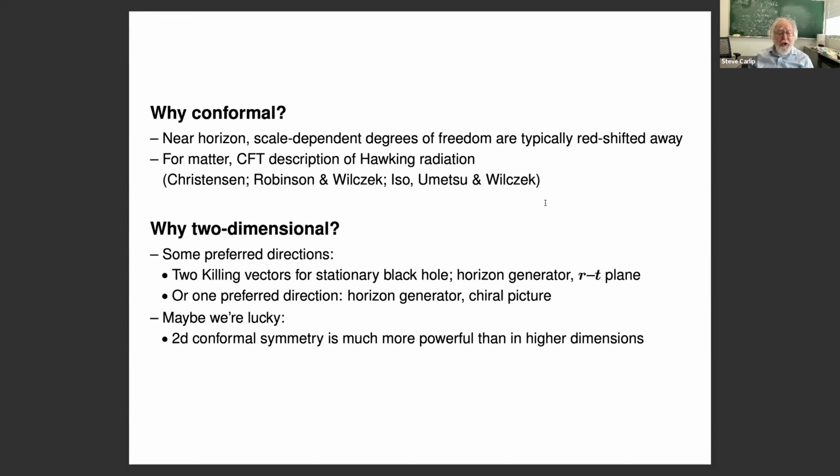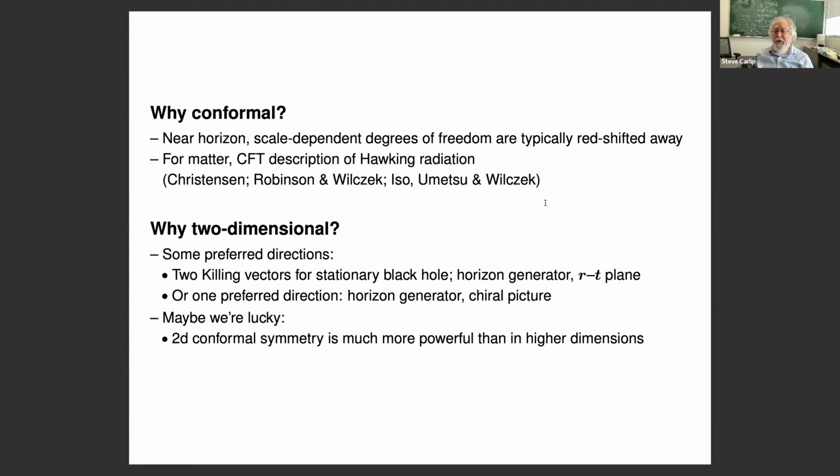So why two dimensions? What's special about two dimensions? Well, there are a couple of possible answers to that. For a stationary black hole in 4 dimensions, there are 2 Killing vectors at the horizon. And that gives 2 dimensions, basically a time translation and a rotation.